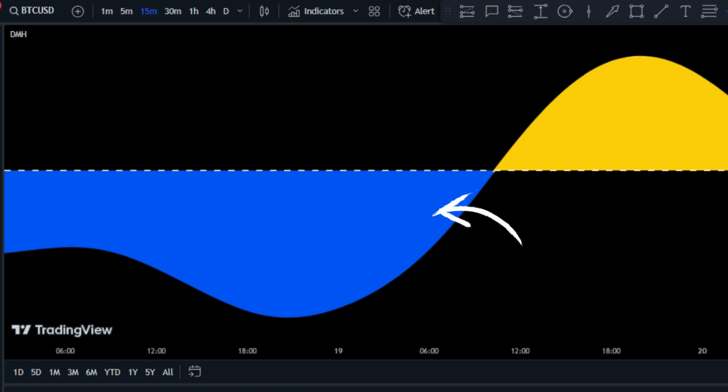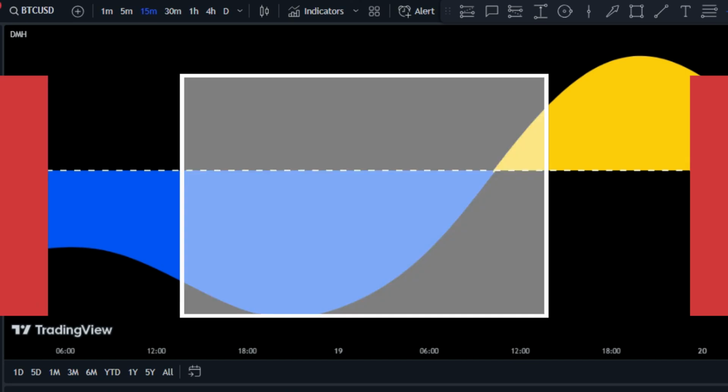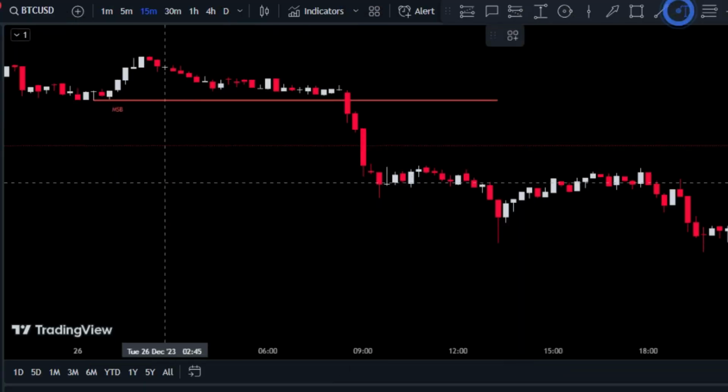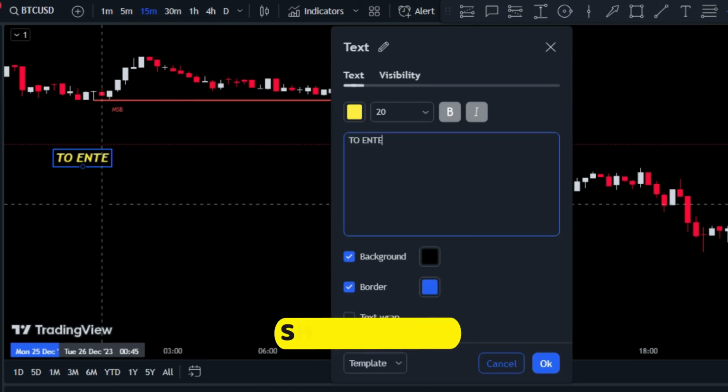Now that you're familiar with all the points related to the settings and indicators and how they work, let's refine the entry rules together. If we're looking to get into a short trade, we first need to see a bearish breakout.